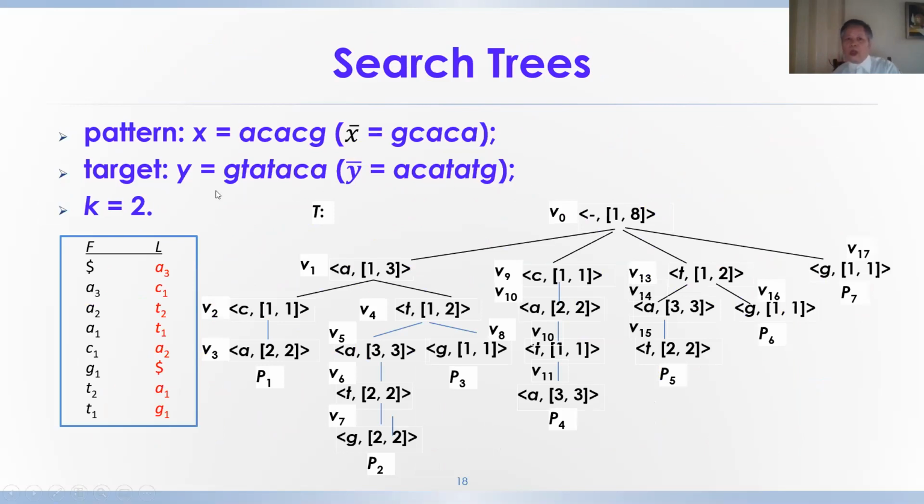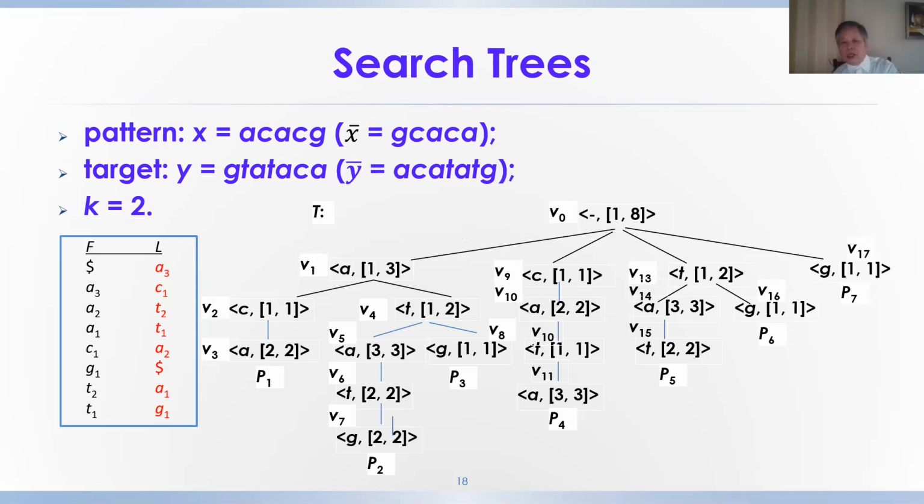For example, when we search the BWT array of this target against this pattern, we will generate a search tree like this. In this search tree, each path corresponds to a search sequence we have just seen.